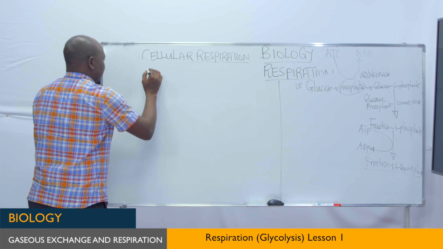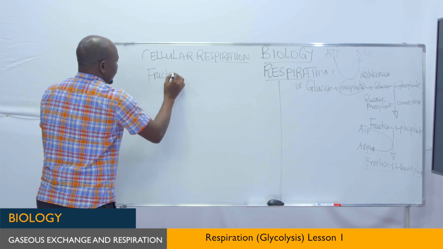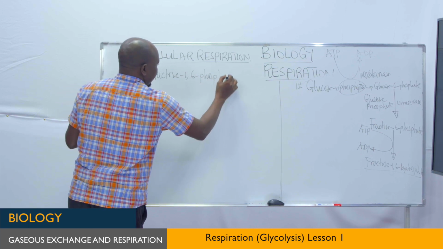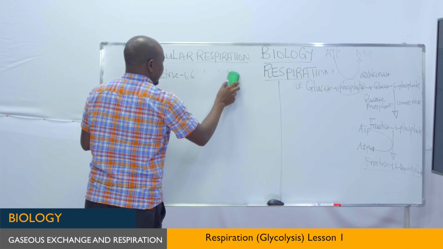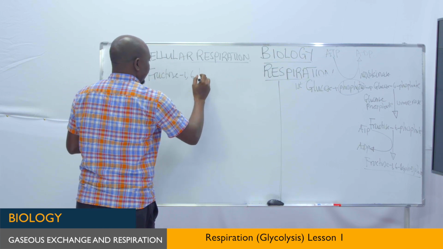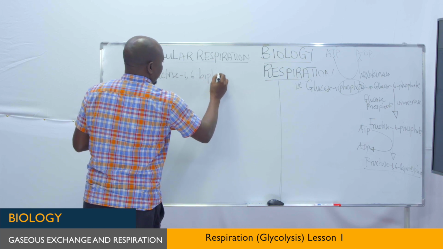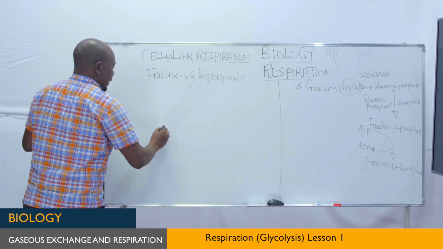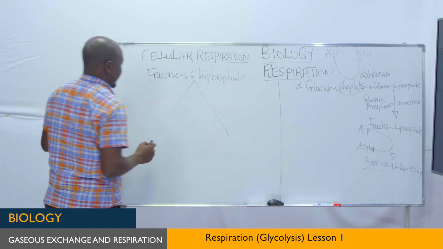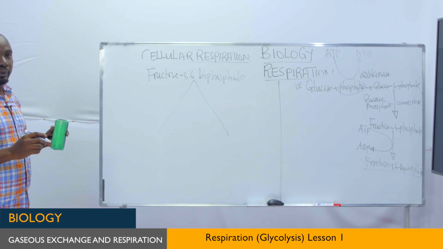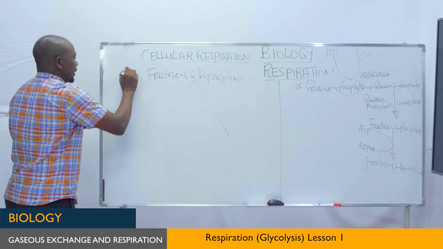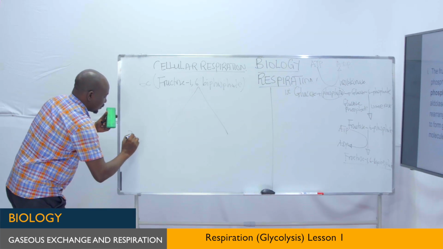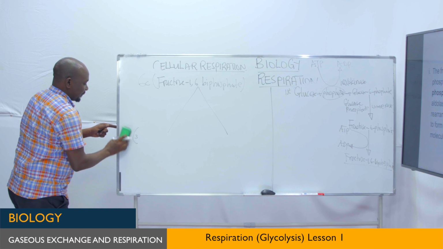So the lysis starts with the fructose 1,6 biphosphate. It is broken down to produce 2 3-carbon compounds. Remember, this is a 6-carbon compound. So we will have the 2 3-carbon compounds.